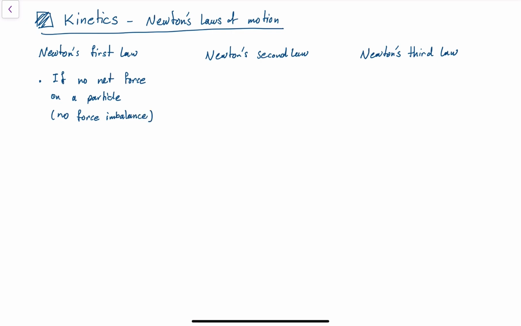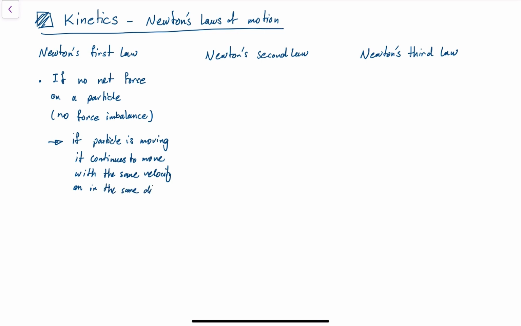If all forces acting on a particle balance out, then two things might happen. If the particle is moving, it continues to move with the same velocity and in the same direction.